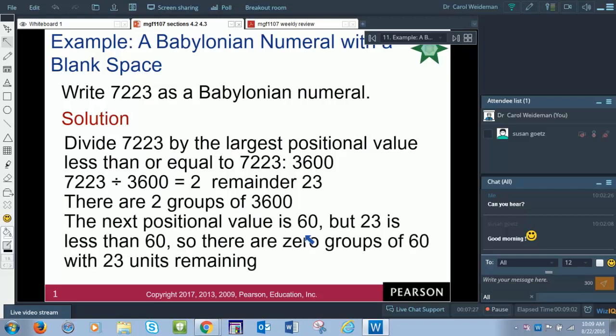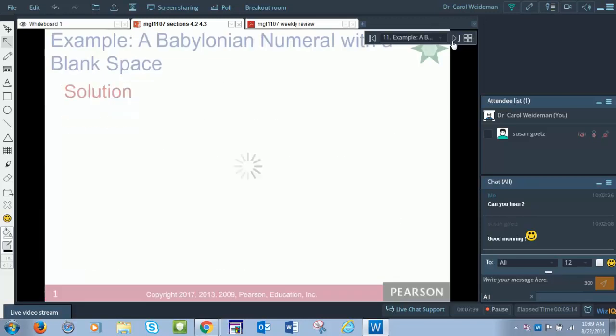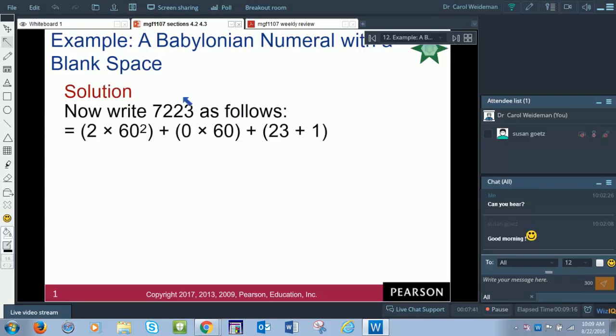The next position is 60, but 23 is less than 60, so there are not going to be any units in that second position, the 60 positional value. And then I've got 23 in the units, or the singles. So 2 times 60 squared, so 2 times 3,600, plus 0, plus 23 will get me back to my number.